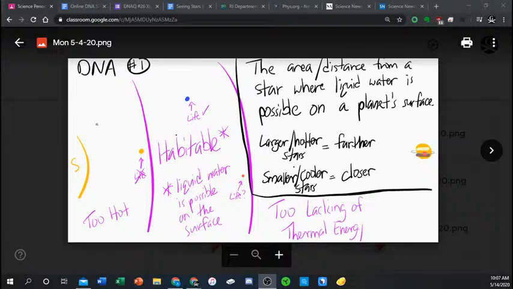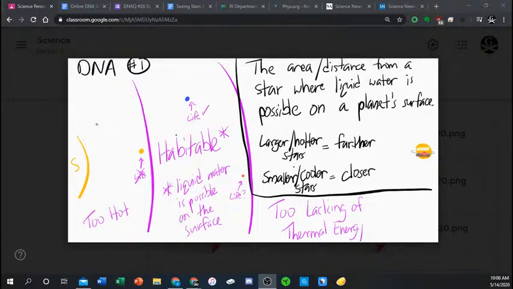Okay? If the star is larger and hotter, the habitable zone obviously is further away from it. Okay? When I mean a larger and hotter star, I'm saying like a blue supergiant. Right? A blue supergiant is going to have a habitable zone that is farther away compared to our sun's habitable zone. Alright?